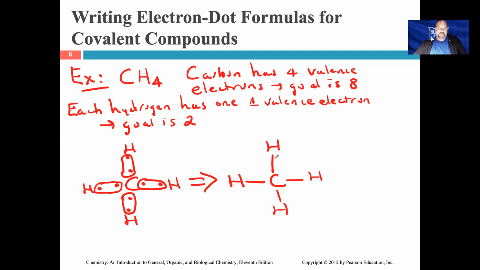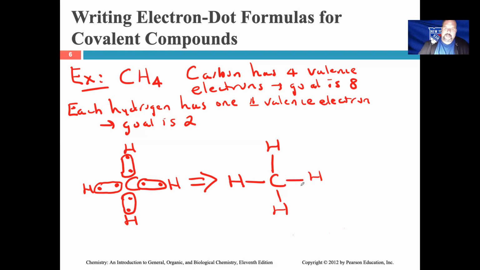The carbon has 2, 4, 6, 8 valence electrons, and therefore its octet rule is satisfied. So for CH4 methane, this is how the carbon and the 4 hydrogens would come together to form a molecule, or eventually enough for a compound. You'd have carbon forming single bonds with each one of the hydrogens.